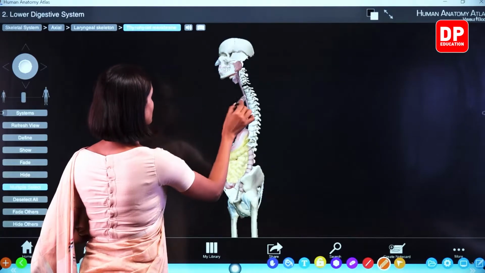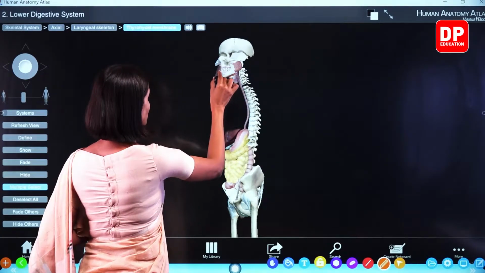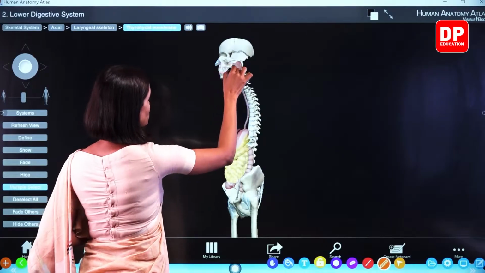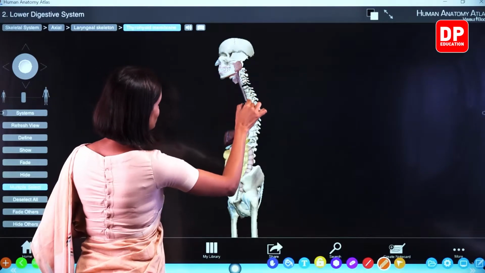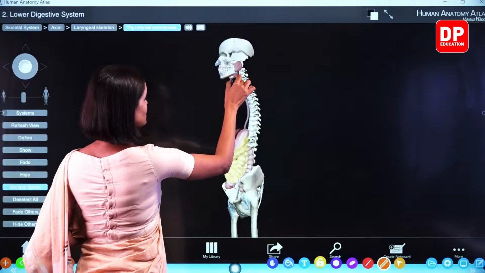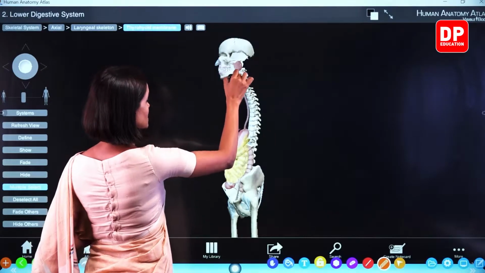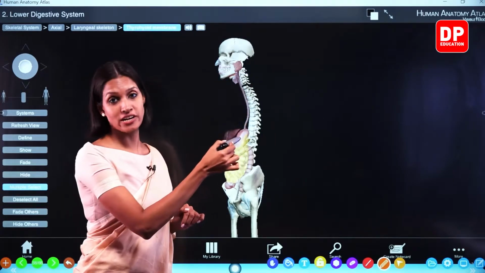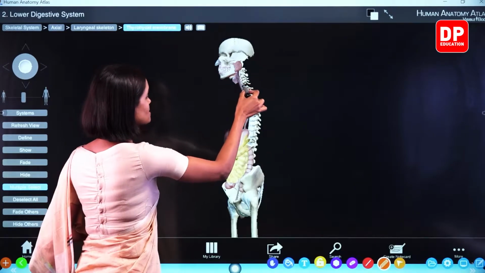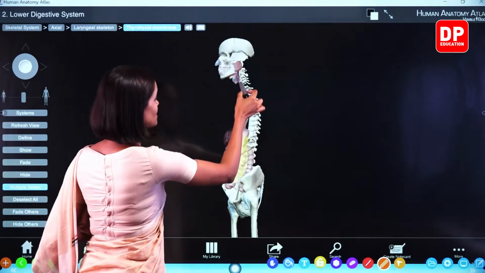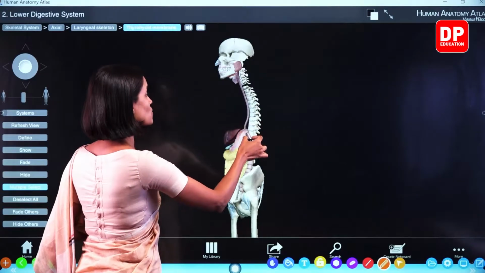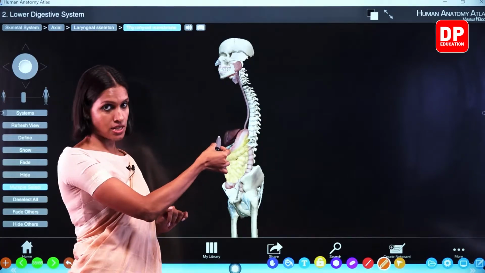You all can see this is the mouth cavity. Starting from the mouth cavity, it comes as a tubular structure. You all can see this throat area, this area is known as the pharynx. After the pharynx, this tubular structure is present. This tubular structure is known as the esophagus.